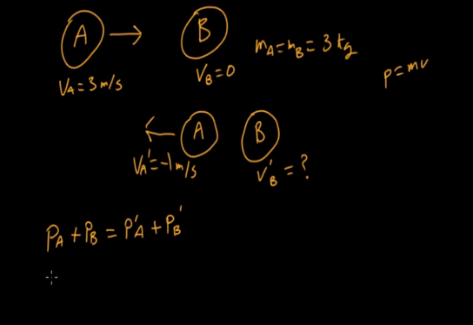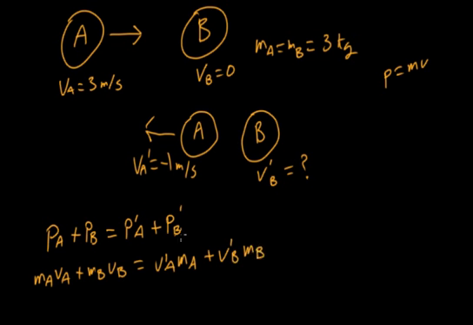So really what we can do is say MA times VA plus MB times VB is going to equal P prime A, which is V prime A times MA, plus V prime B times MB.